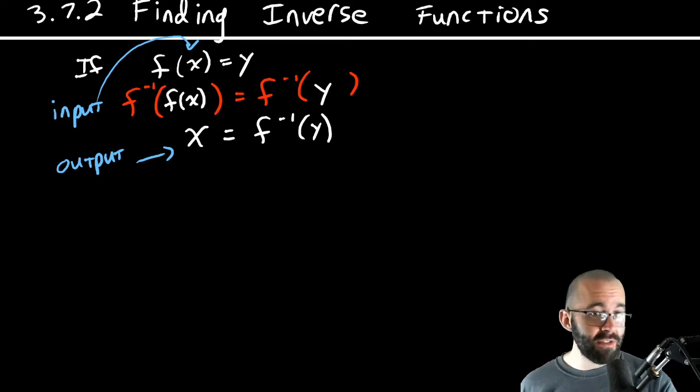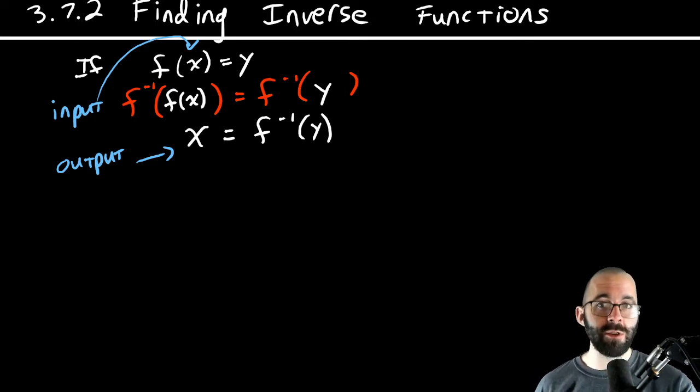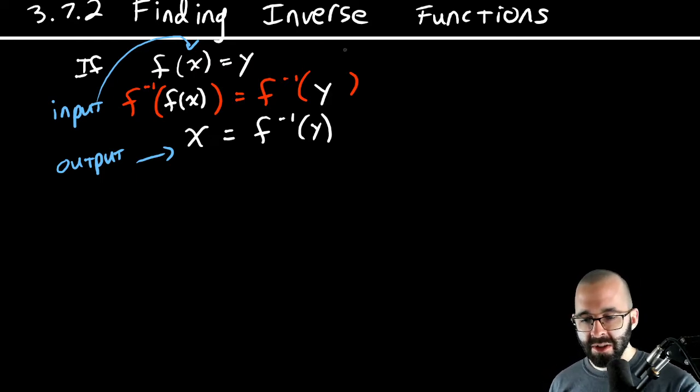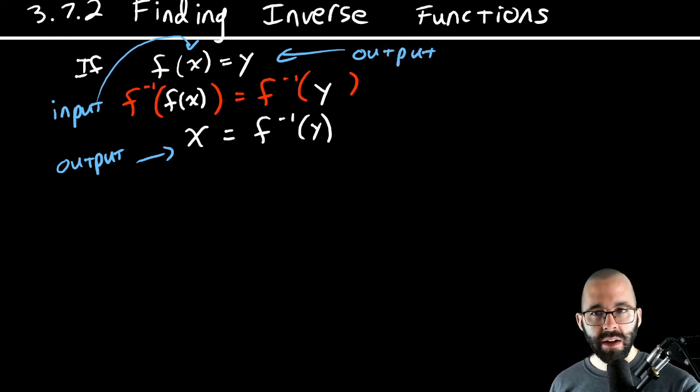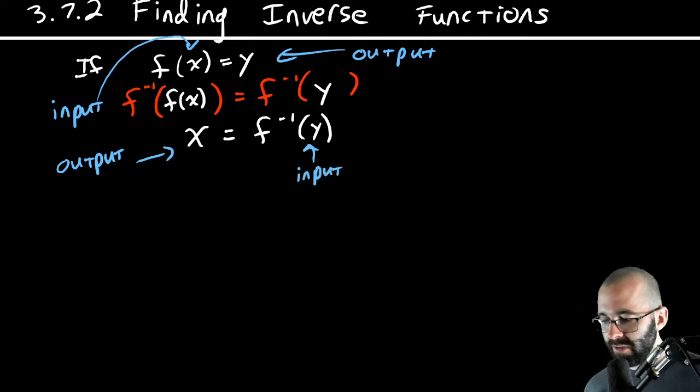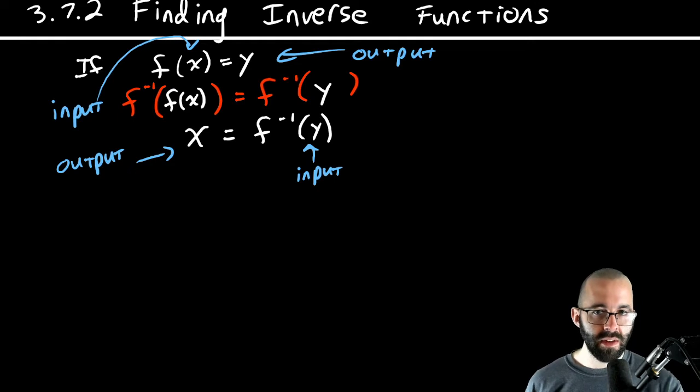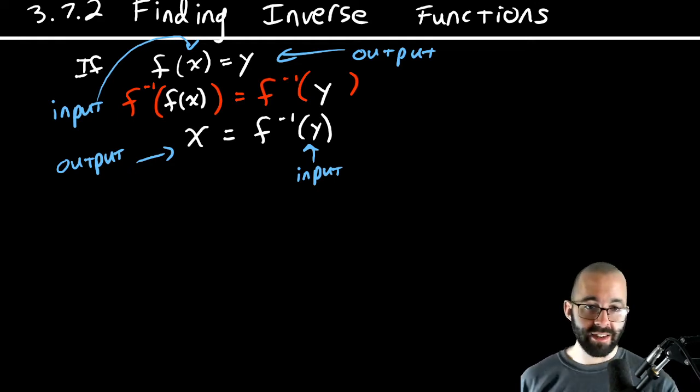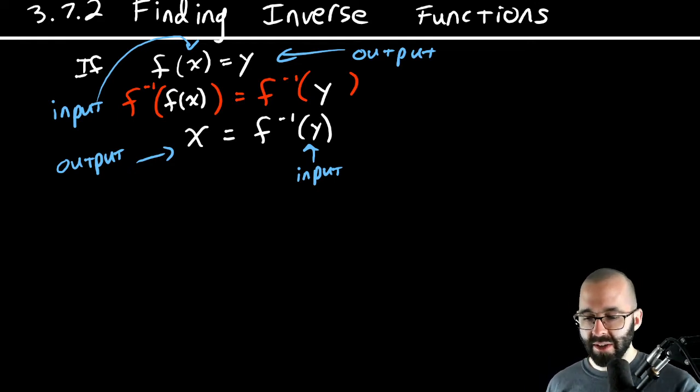The domain of the regular function is the range of the inverse function. Similarly, the output of the regular function is now the input of our inverse function. We're going to use that a lot more in the next video as well with graphs.